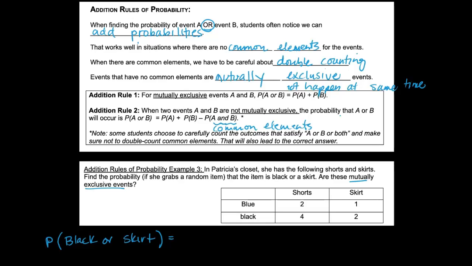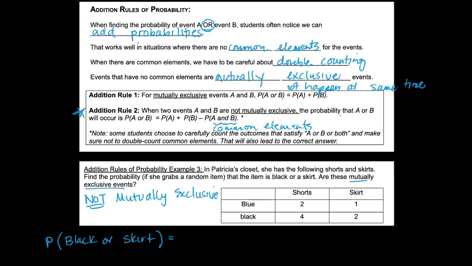So let's look at the table. It looks like we have a row of black, and that also this 2 right here falls under a black item and a skirt. And so yes, they can happen at the same time. So if it's possible to happen at the same time, we say these are not mutually exclusive. And that means I have to use addition rule 2.